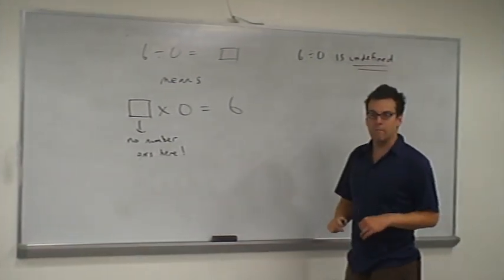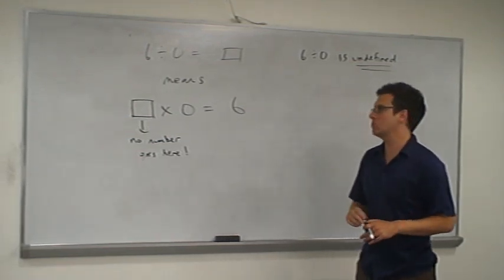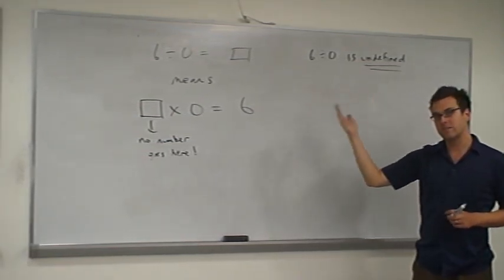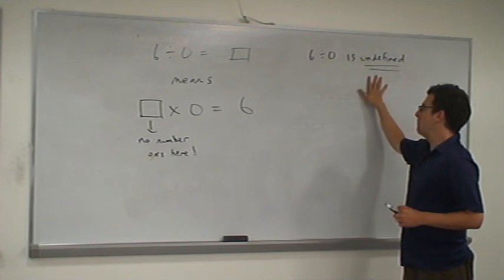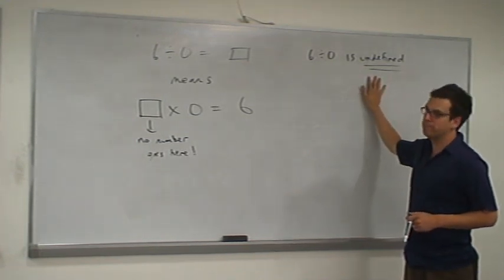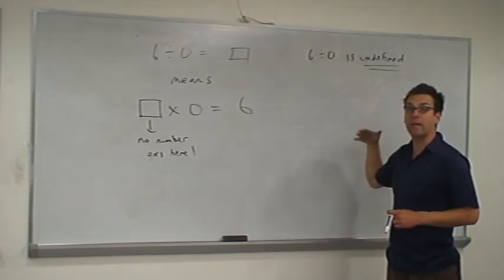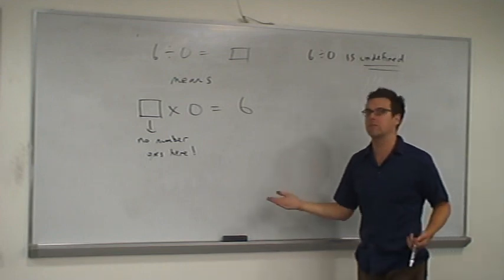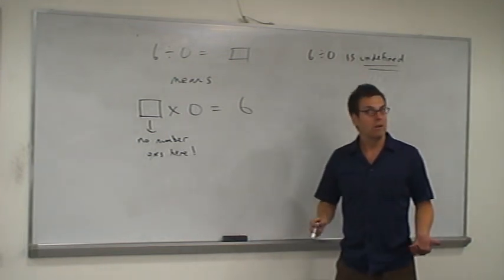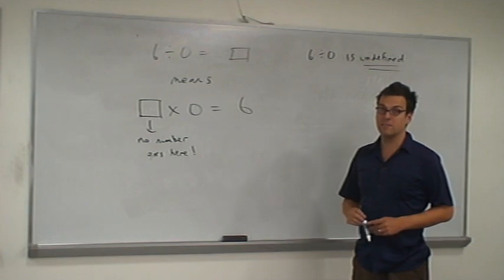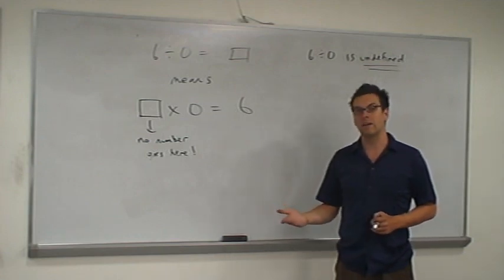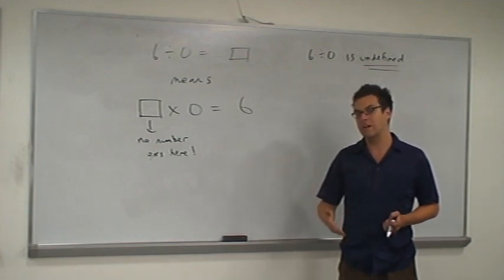Again, this might be perhaps why elementary school teachers shy away from this type of discussion: maybe undefined is too complicated of a concept to get across to elementary school students. However, the alternative in many cases is students mistakenly thinking that the answer to 6 divided by 0 is 0.